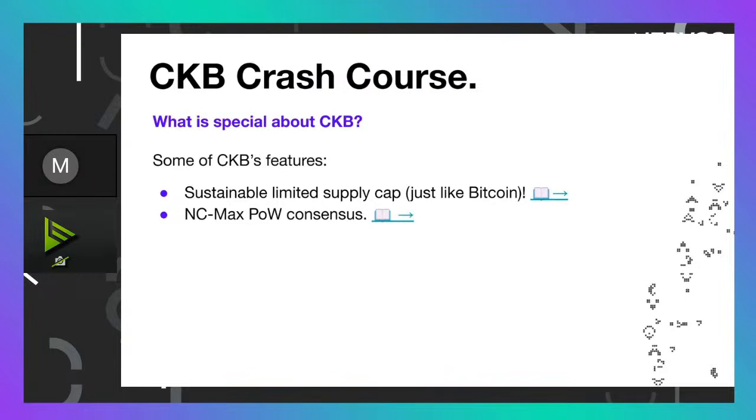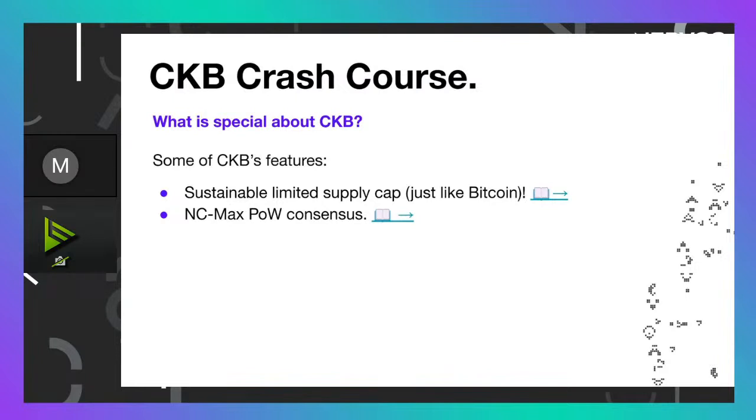So CKB uses NC-Max proof of work consensus. The NC in NC-Max stands for Nakamoto consensus. So it's based off of what Bitcoin did with Nakamoto consensus, except it's got some improvements to it. Things like it uses a dynamic block time, which is currently hovering between 10 and 15 seconds.